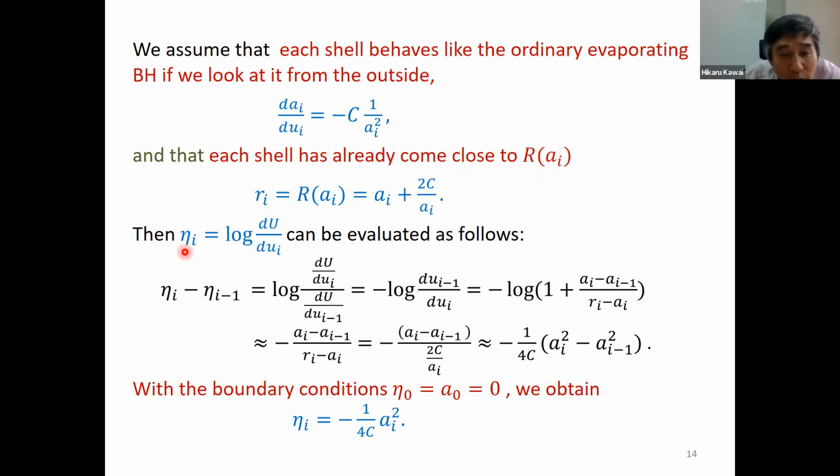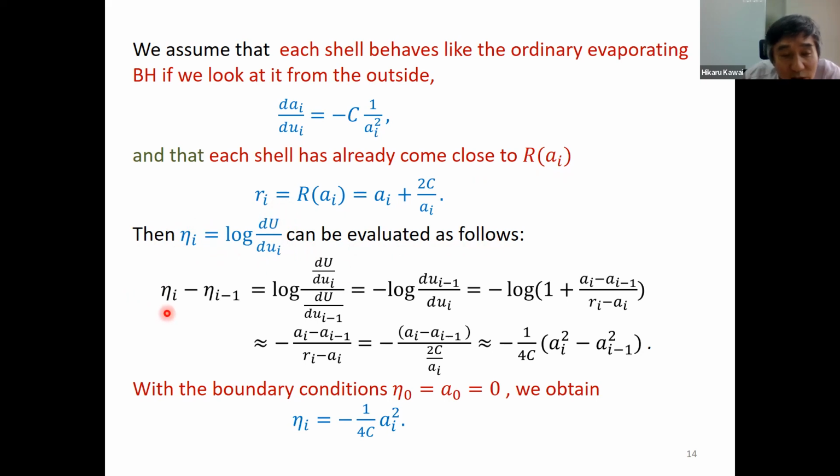And then we consider this quantity, eta i, which is log of dU over dUi. Here Ui is the retarded coordinate of the ice shell, and the capital U is the retarded coordinate at r equals 0 at the origin. Taking the log, we call it eta i. Then eta i can be evaluated as follows.